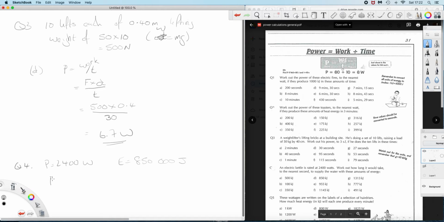So power, of course, is energy divided by time, but we want the time here, so we have to make time the subject. So if you multiplied both sides of this by time to get rid of the time on the bottom line, you'd have power times time is energy over time times time, which would be energy times time divided by time, and they would cancel. So you'd have power times time equals energy. We want time, so we divide by power, and we get time is energy divided by power.